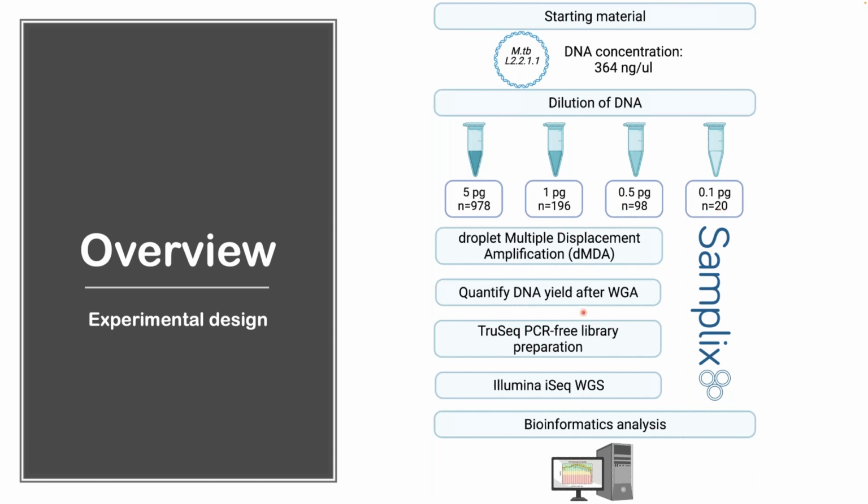The amplified DNA underwent TruSeq PCR-free library preparation, followed by Illumina WGS on the iSeq platform. Finally, we conducted bioinformatic analyses using our group's MTB WGS analysis pipeline, MAGMA, which is known for its robustness in handling contaminants commonly encountered in clinical samples. MAGMA uses a reference alignment approach to the H37Rv reference genome to then subsequently identify genomic variants.